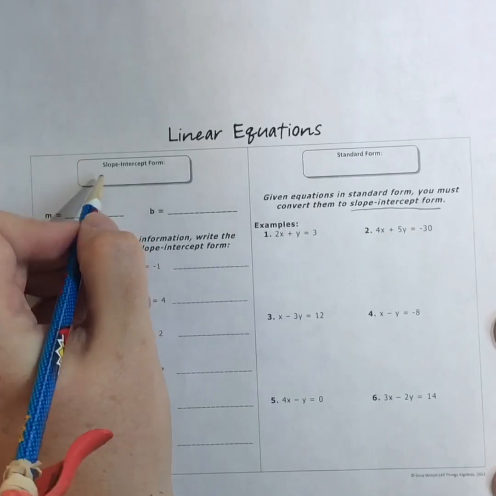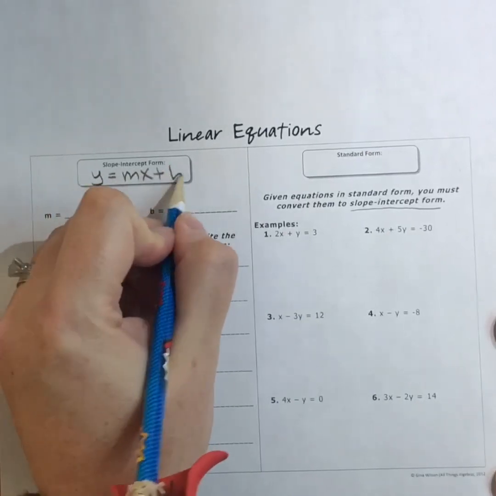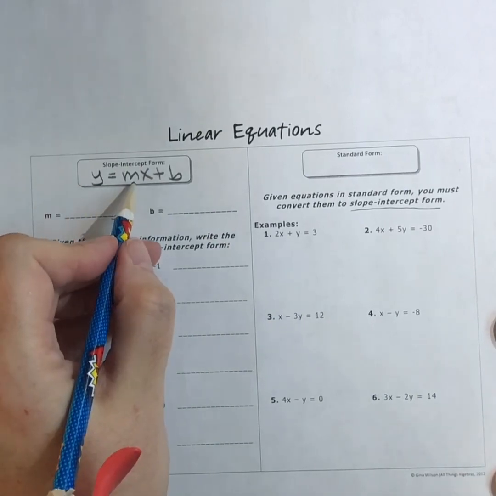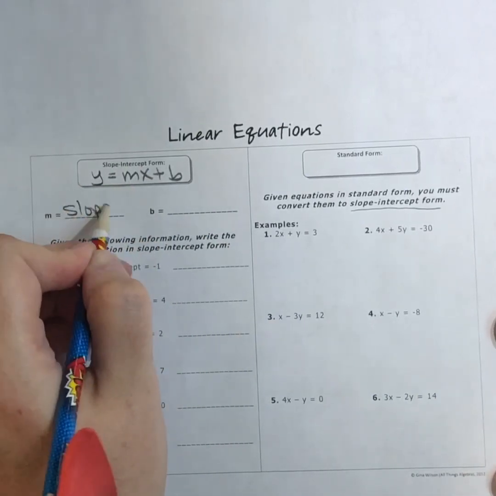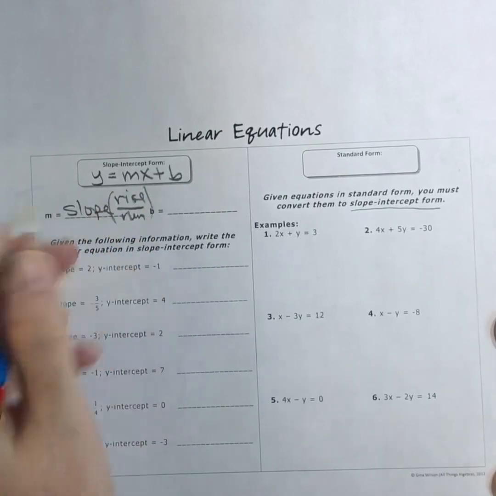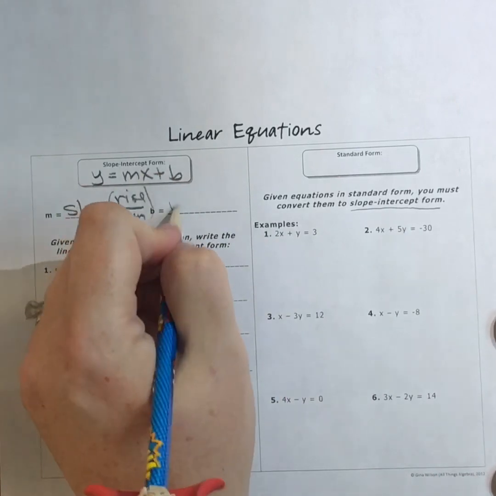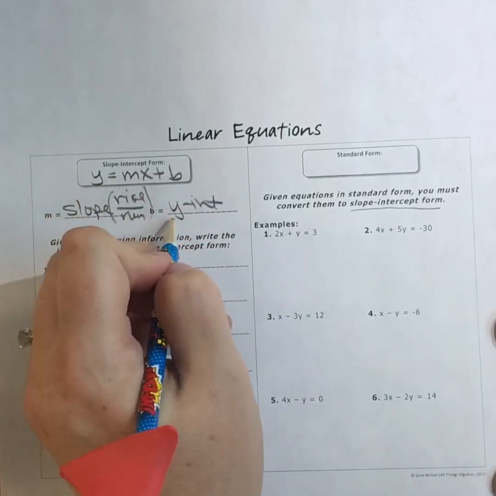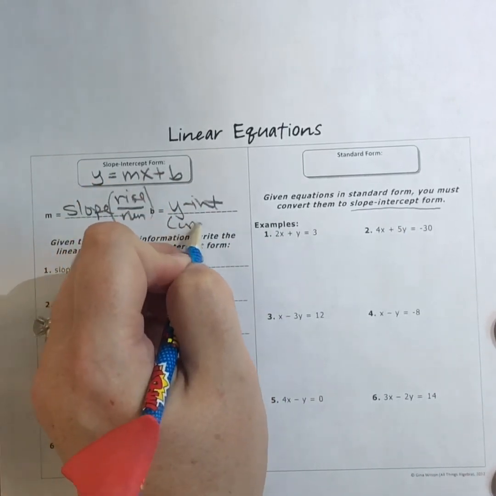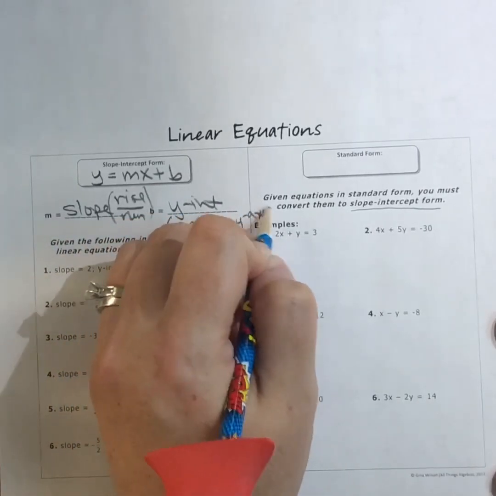Slope-intercept form is always y equals mx plus b. The m is the slope, or your rise over run, and we're going to talk about that in a second. The b is your y-intercept. If you remember intercepts, it's basically where the line crosses the y-axis.